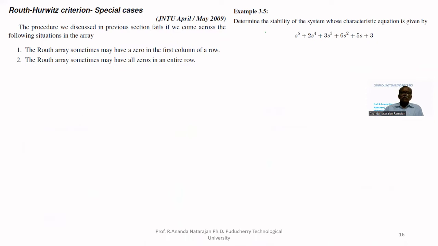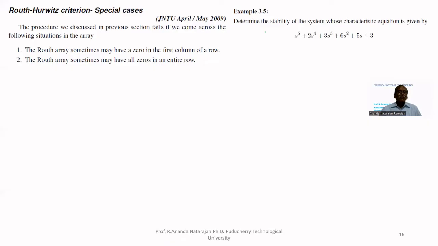In the Routh-Hurwitz criterion, some special cases are there. If you proceed with the Routh-Hurwitz criterion, sometimes we may fail in the middle. There may be two reasons. One is the first column element may suddenly become 0. If it becomes 0, you cannot proceed further because we have to divide by that number, and you will get infinity.